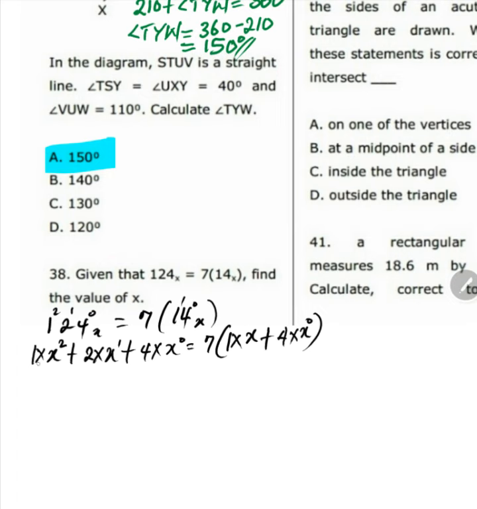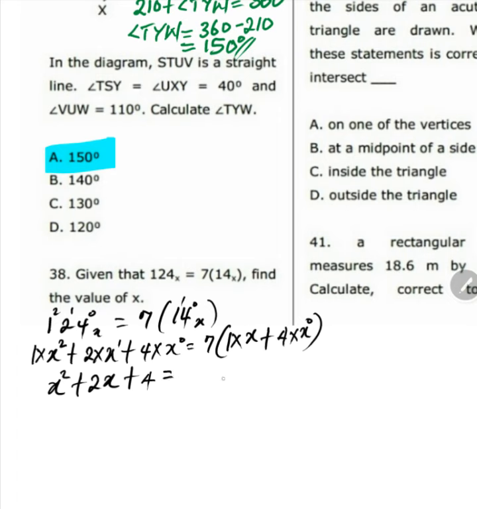So we have 1 times x squared, we give x squared, plus 2 times x raised to the power of 1, we give 2x. Then plus 4 times x raised to the power of 0 is still 4, because x raised to the power of 0 is 1 and 1 times 4 is 4.